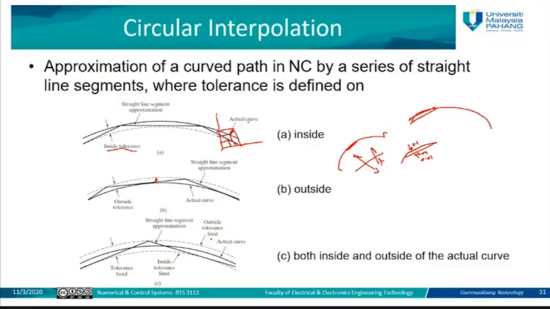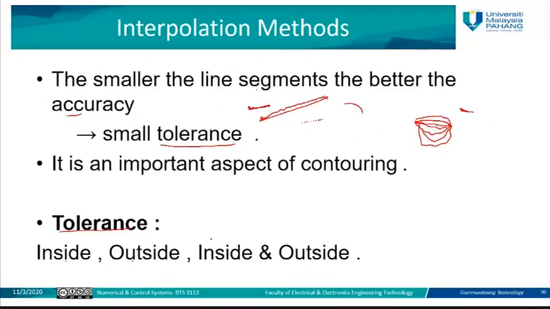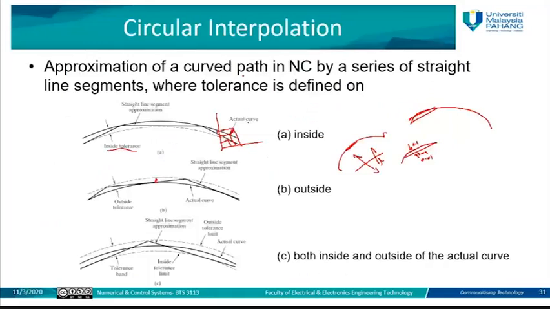How can we control this? Usually for the tolerance, by using smaller segments. That means when you use a smaller segment, instead of drawing a line from this point to this point, which will be higher tolerance, you draw just a small line to this point, then another line to this point, then another line to this point.